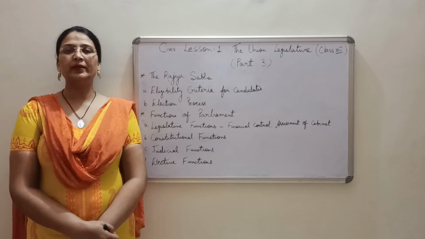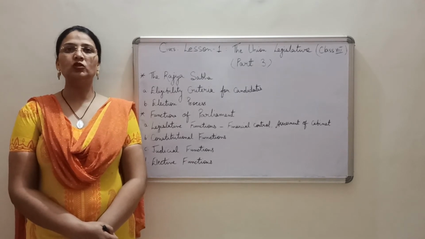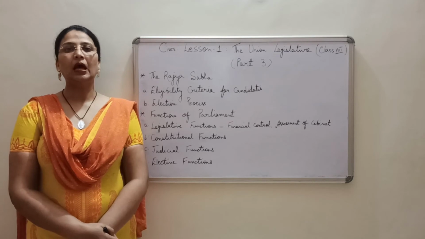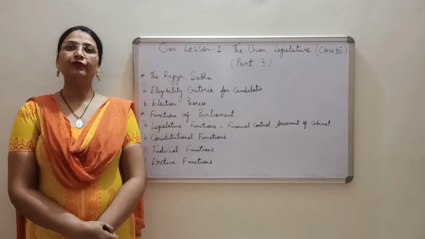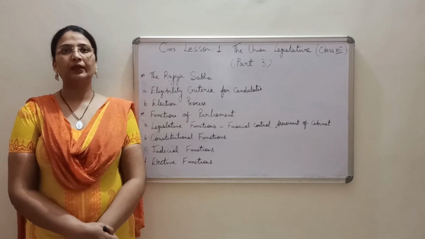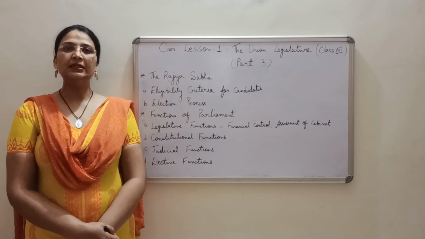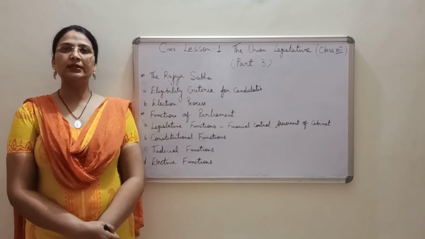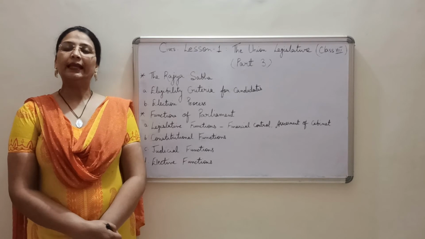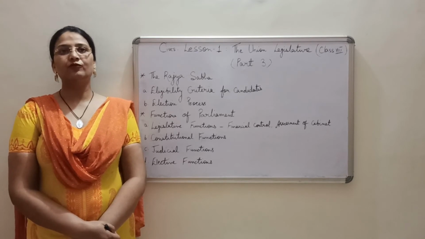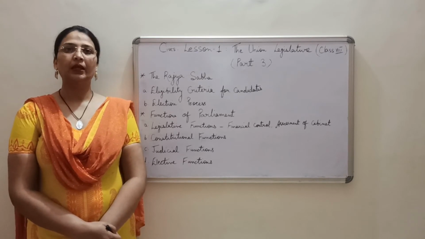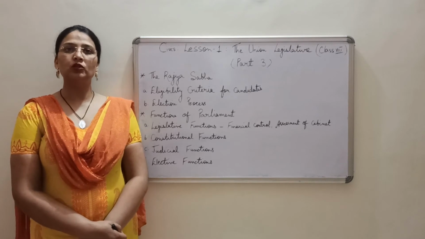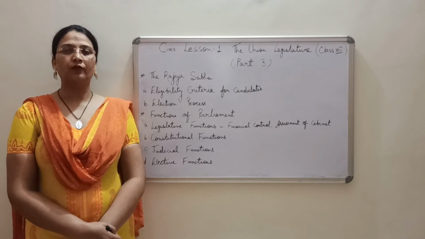To be more specific, the government functions through various ministries under the charge of different ministers. The Parliament provides the ministers and holds them responsible to the elected representatives of the people. The ministers could be members of either of the two houses of the Parliament.